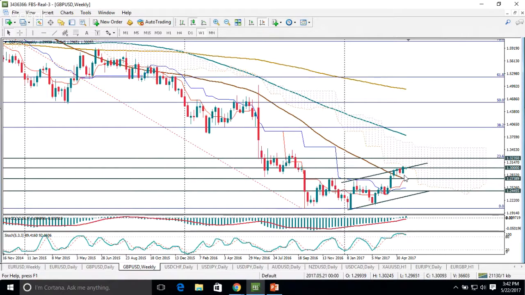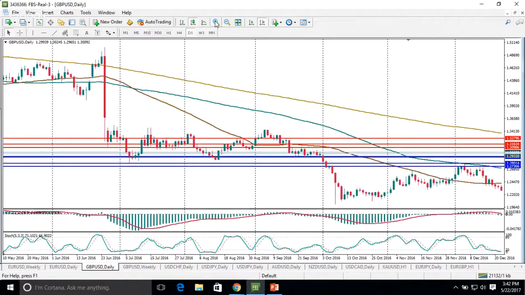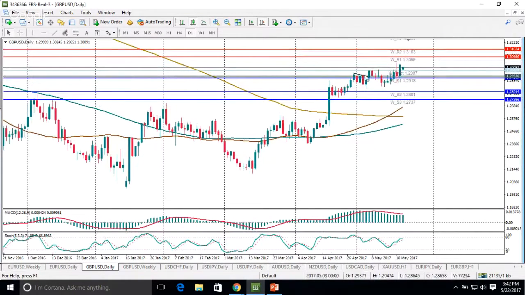At the daily chart, we can see that the pair has been testing levels above 1.30 already, and even closed above 1.30 on Friday, but still the momentum here is a bit lower, and the MACD indicator on the daily time frame is not confirming these new highs of the price.